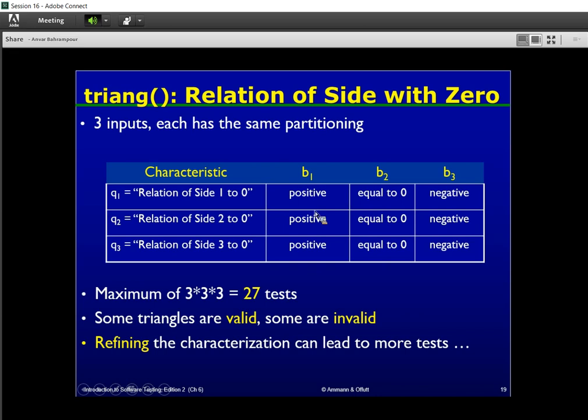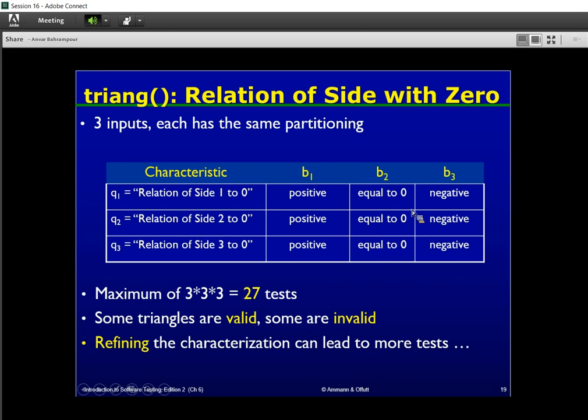All positive values should be selected, and so should negative values. Some are invalid, because if any of the sides has a negative or zero value, our test case defines an invalid type of triangle.